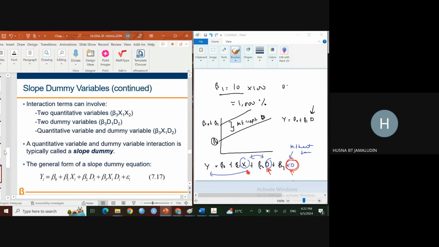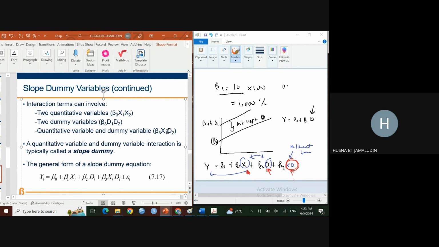Interaction term can be in many forms. It can be two quantitative variables, x1 and x2, with their coefficient beta 3. It can be two dummy variables, d1 and d2, or both a quantitative and a dummy, x1 and d2. Interaction term can be any variables that interact with each other.